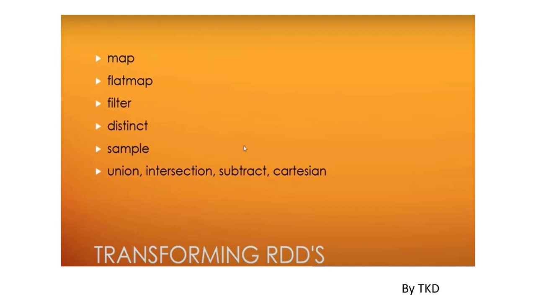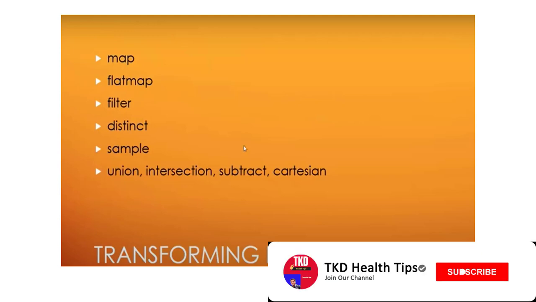Now flatMap is a very similar concept, but the difference is that you don't need to have a one-to-one relationship between the rows of the RDD you start with and the final transformed RDD. With flatMap, you can look at an individual line and say, I am not going to output that at all to the new RDD I am going to create.